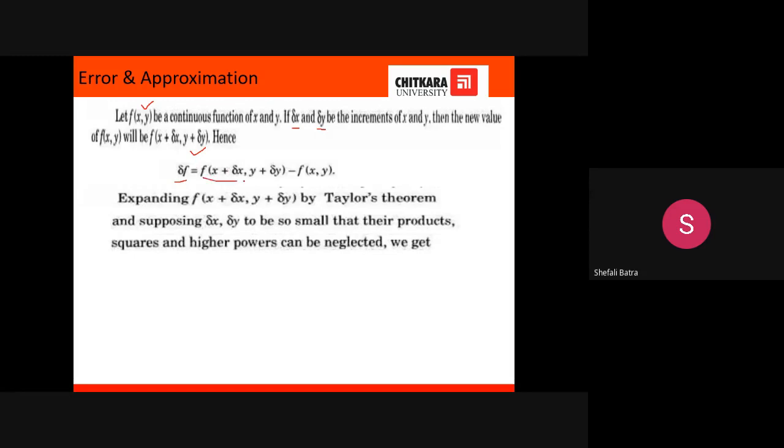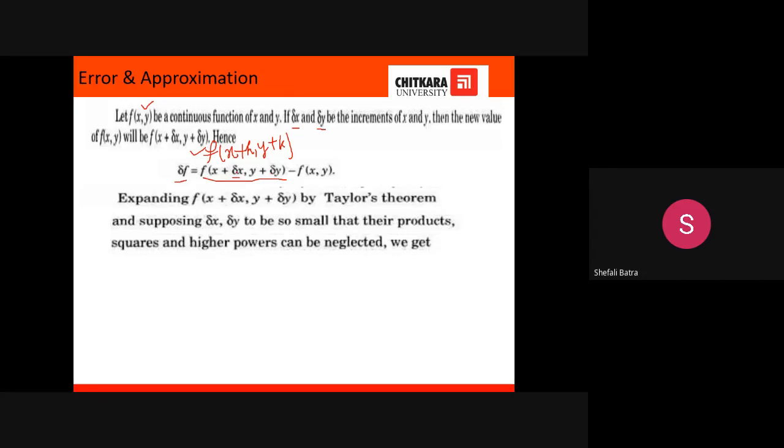Now, what is this? f of x plus h. We have done the Taylor series for this. I have told you what h is. h is a small change in x, so that is represented here as delta x. Comma y plus k. What is k? k is a small change in y, so that is represented with delta y here.